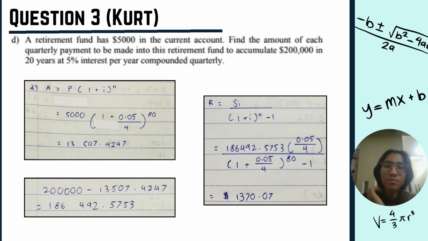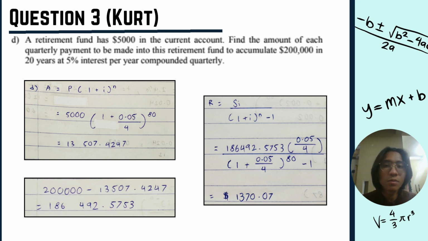After that, we subtract the A that we calculated from the total of 200,000, and then you get 186,492.5753.